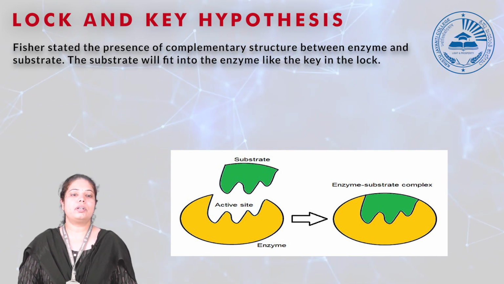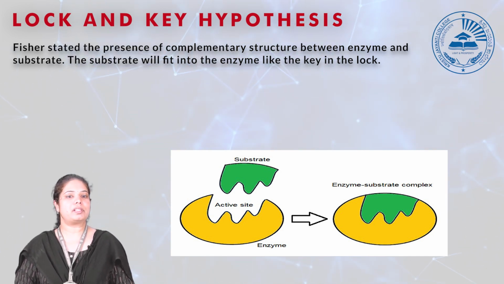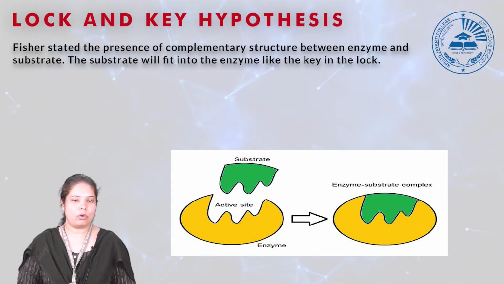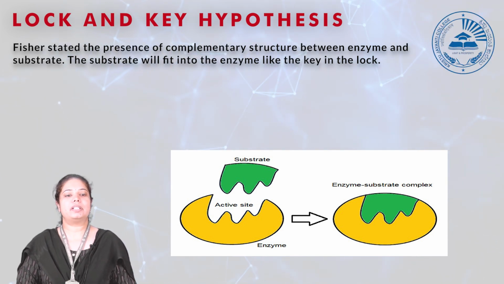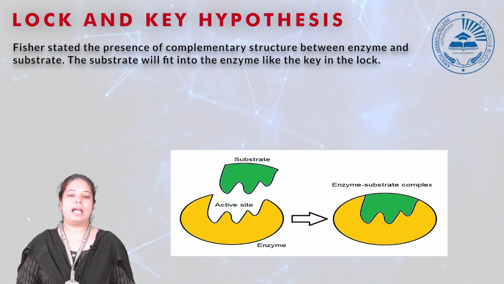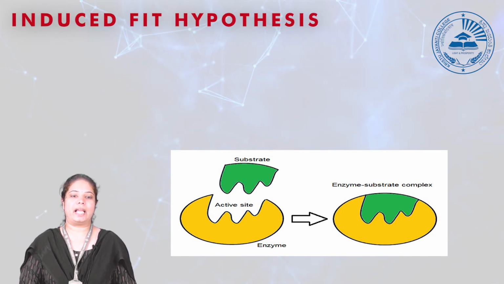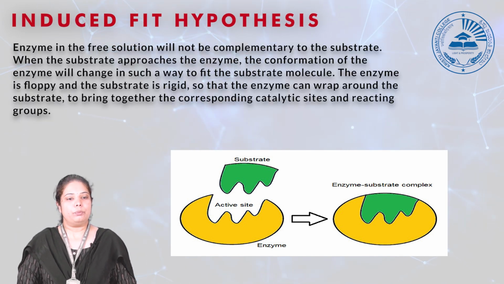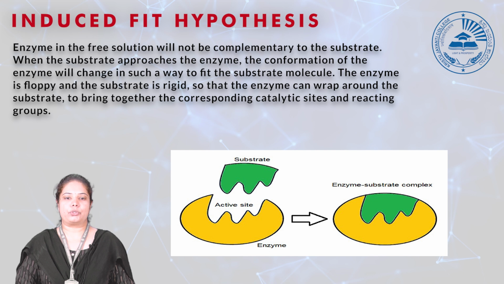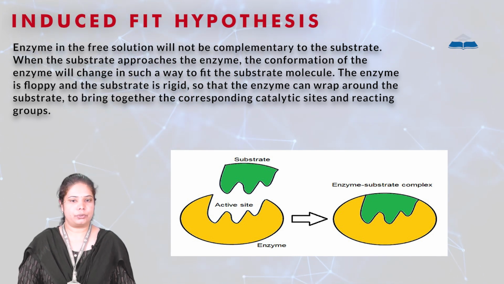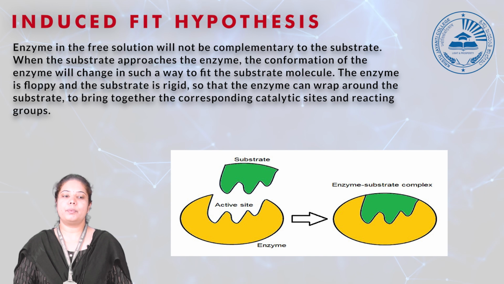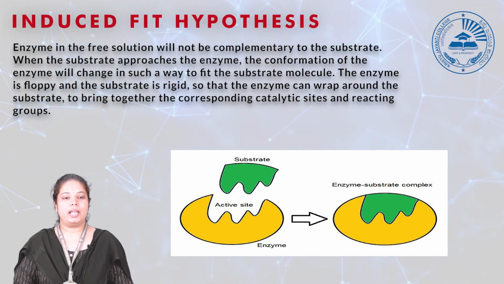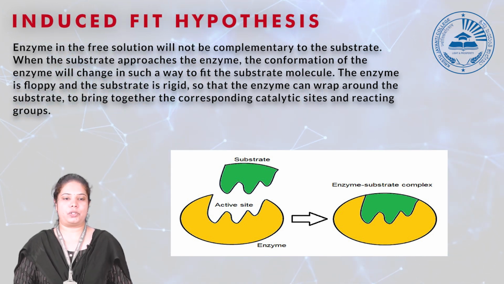Later on, it was seen that the complementarity of enzyme and substrate is not exact for all enzymes. So to explain that kind of interaction, we had Koshland's proposal in around 1958, in which the enzyme in free solution is not exactly complementary to the substrate. When the substrate approaches the enzyme, the conformation of the enzyme changes in such a way to fit the substrate molecule.